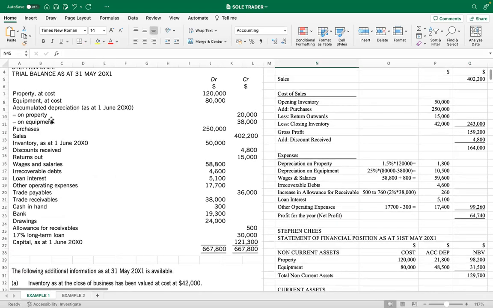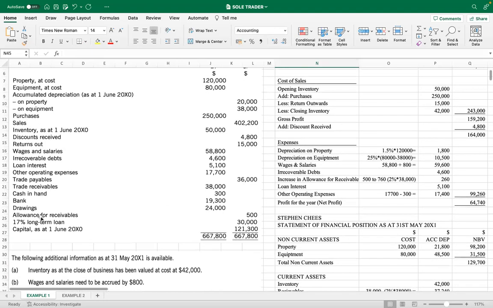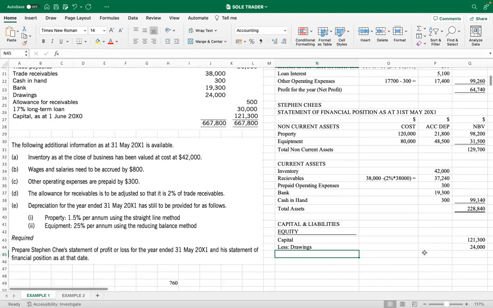First of all, we check in the trial balance if there was any retained earnings brought forward. None. So because there was no retained earnings brought forward, we just add profit for the year. We can just still call it retained earnings.